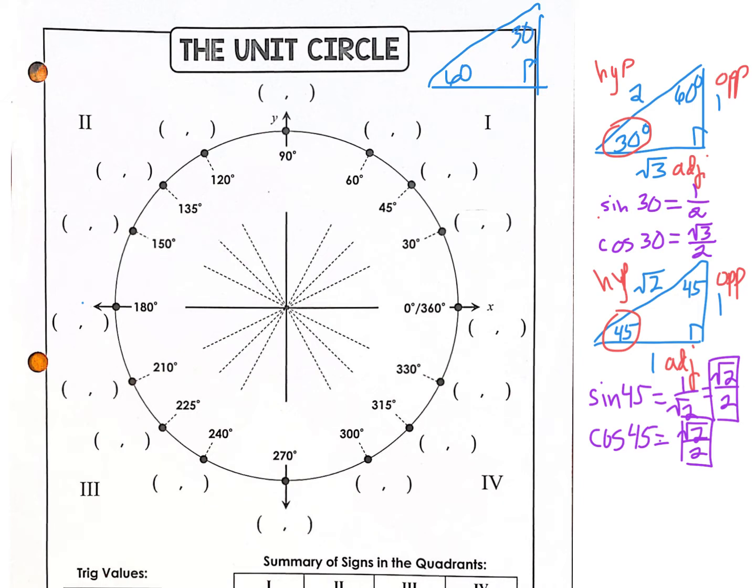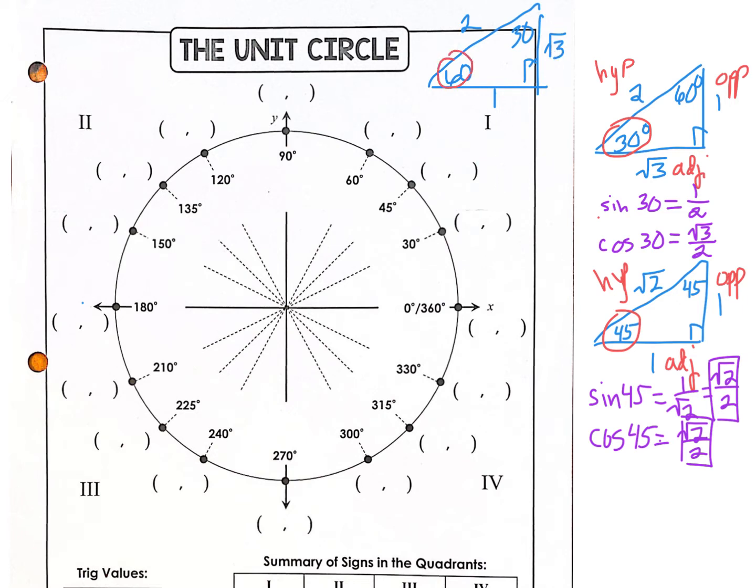And then across from my 30 degree is 1. Across from my 60 is radical 3. And my hypotenuse is 2. So notice on the 60-degree triangle, where 60 degrees is here versus 30 degrees here, my 1 is down here versus over here. So they do switch, which is important to note.